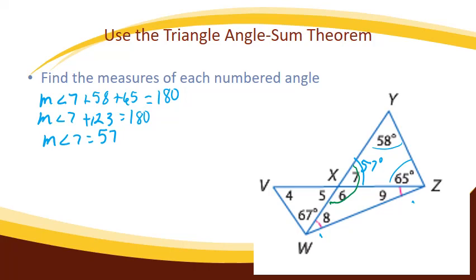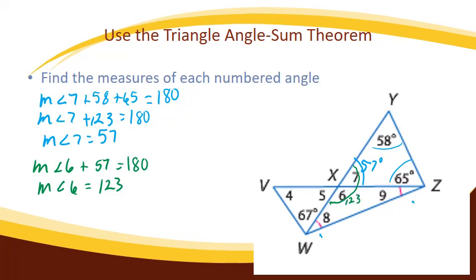So the measure of angle 6 plus the measure of angle 7, which is 57 degrees, equals 180. And so therefore the measure of angle 6, when I subtract 57 from both sides, it's got to be 123. So this is 123.